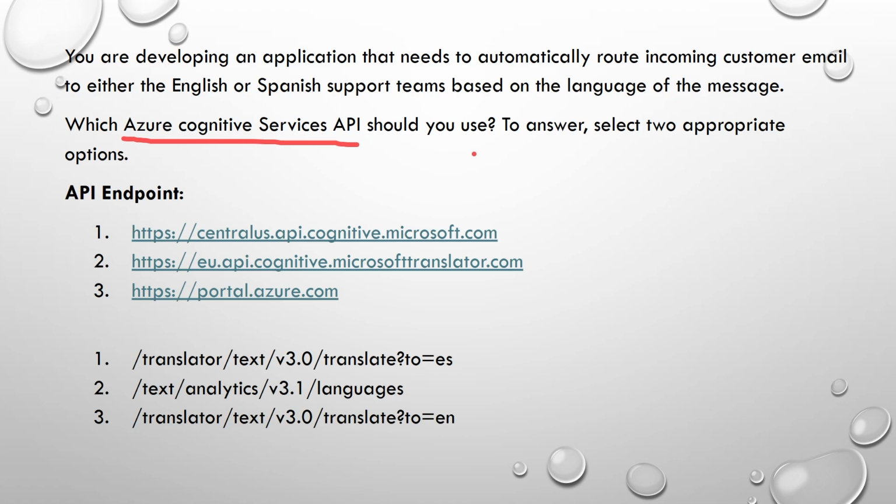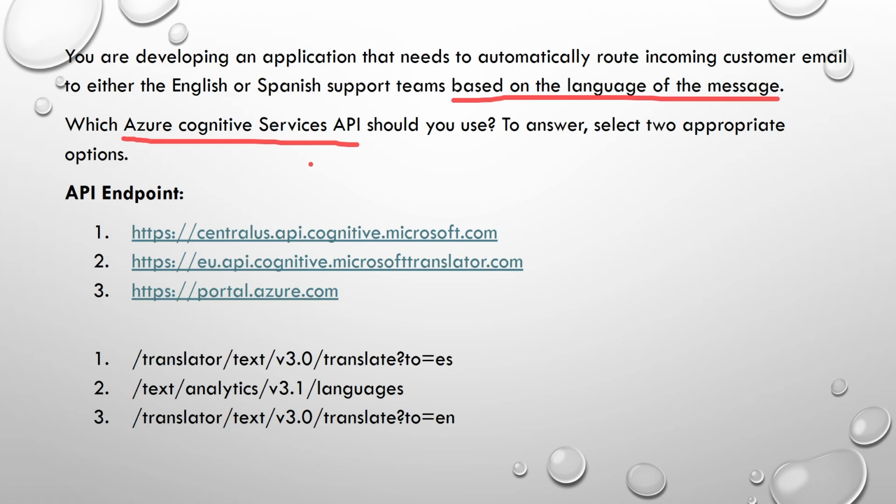Now next is, what is the requirement? We have to automatically route incoming customer email to either the English or Spanish support team based on the language of the message. So we have to route the email to different support teams based on the language of the message. So we have to detect the language of the email. That is the requirement.